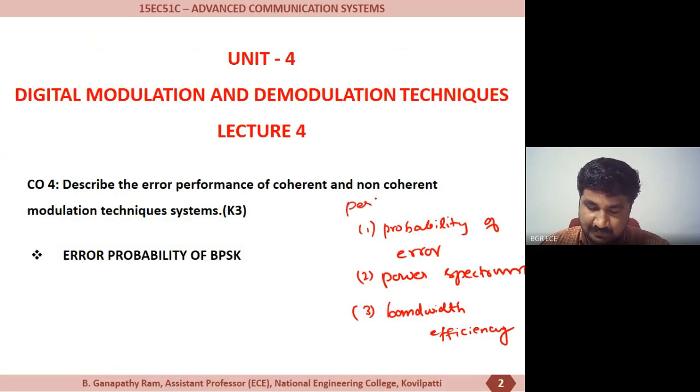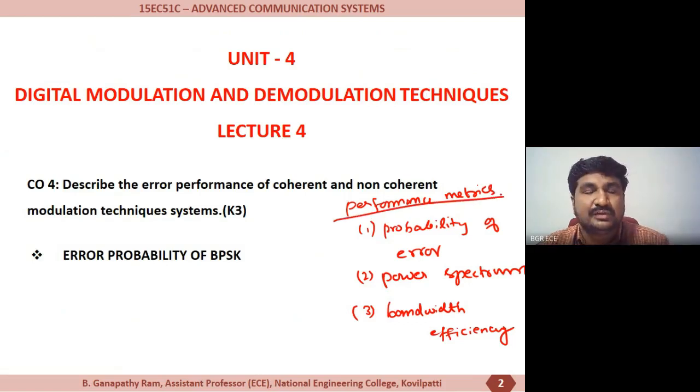So these are all the performance metrics which are used to analyze the performance of a digital communication system in the presence of additive white Gaussian noise channel. Hence, we can start with the error probability of BPSK.